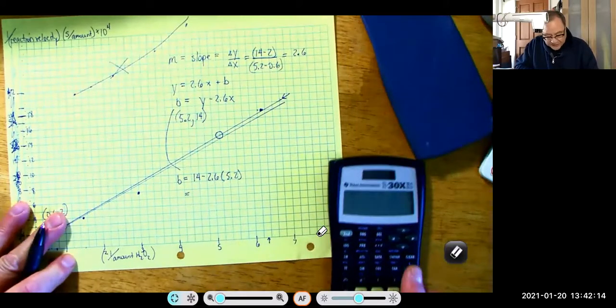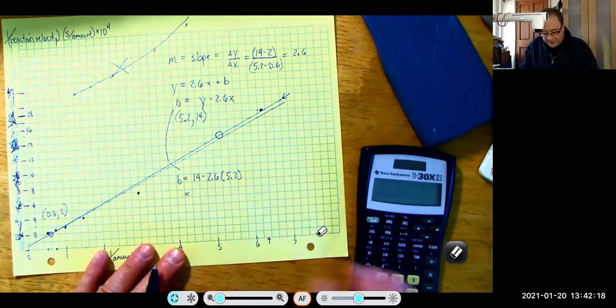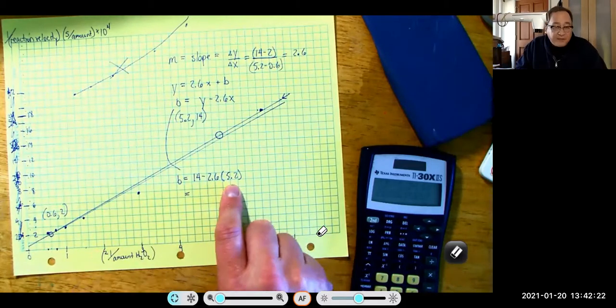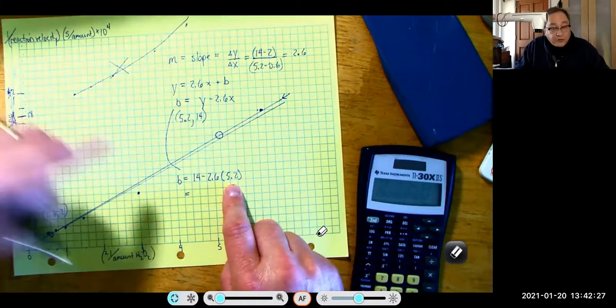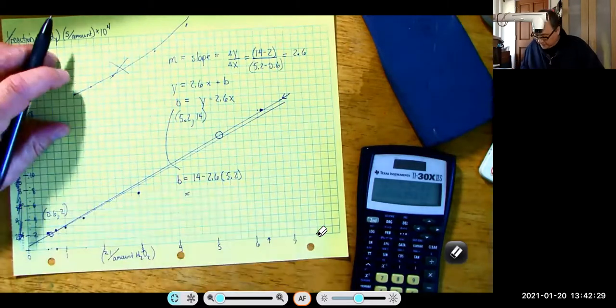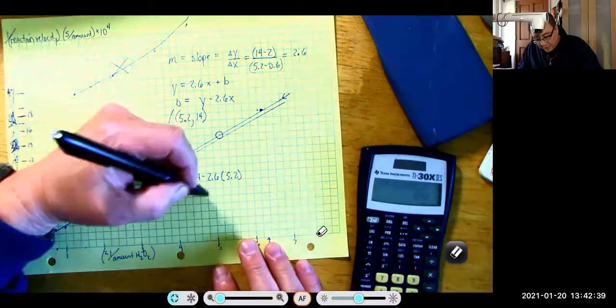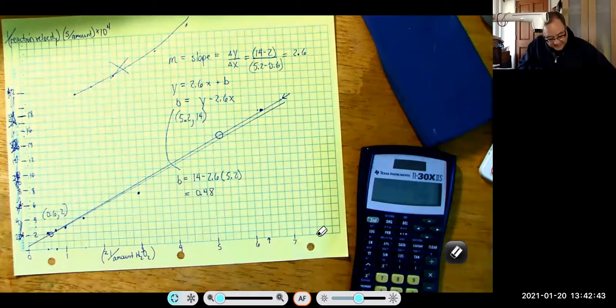So I can see that this number is probably going to be close to 0, because 2.6 times 5.2 is going to be more than 10, but probably less than 15. Maybe pretty close to 14. So I get 0.48. And that's this value here.